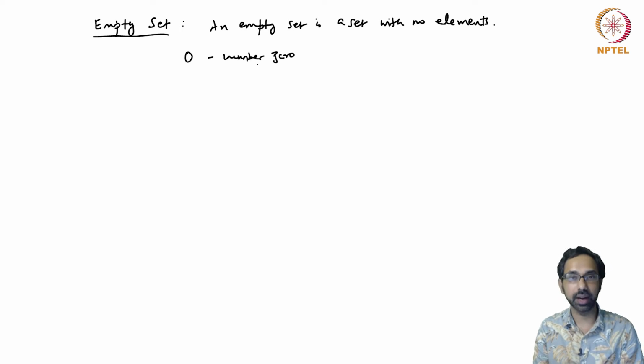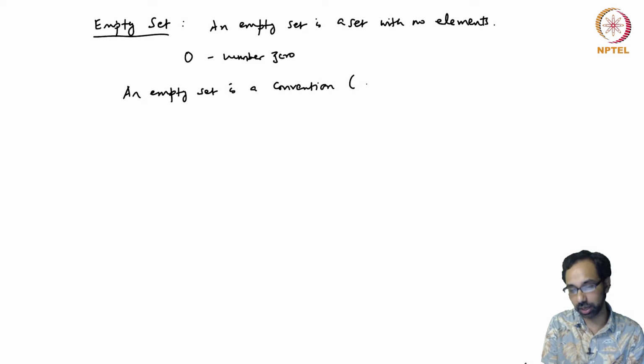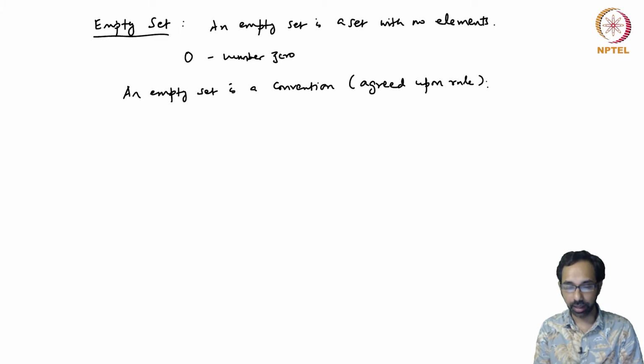We always think of it as a convention. So an empty set is a convention. What do I mean by convention? It's an agreed upon rule. And with this convention, many things become easy.